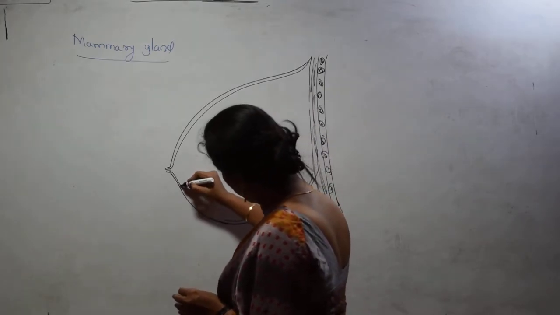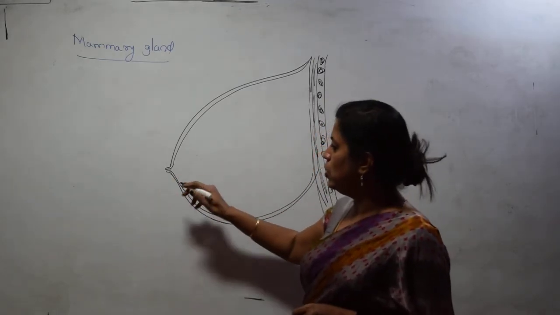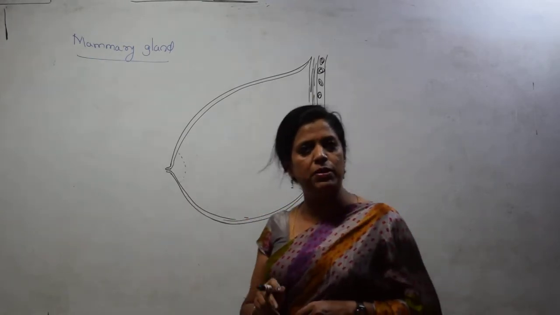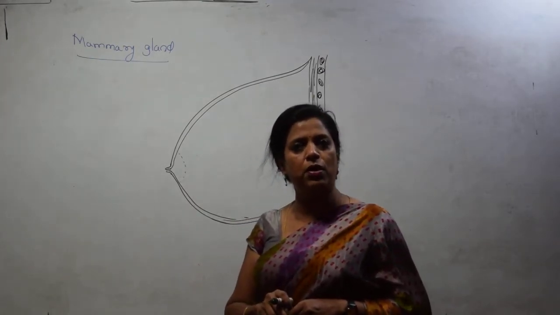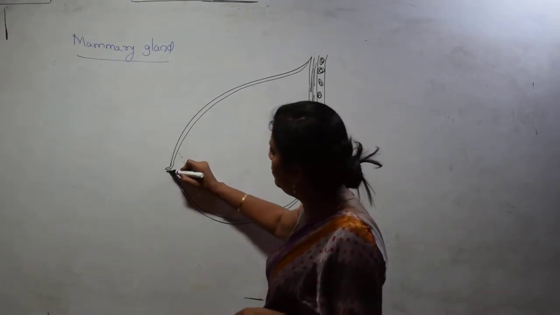Around the nipple there will be a pinkish part present. This is a highly pigmented structure, reddish-blackish. We call it the areola. What I have drawn is a nipple.